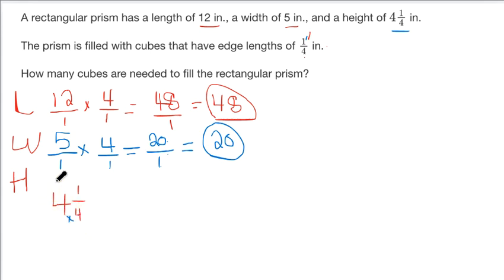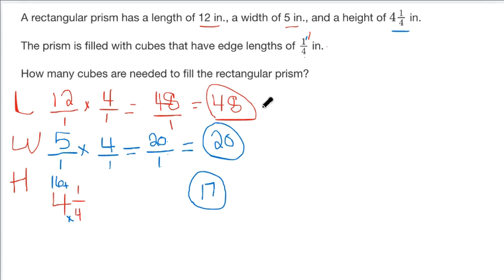So 4 times 4 gives me 16. Then I'm going to add the answer to the numerator. 16 plus 1 more gives me 17. And so 17 cubes will make the height. So they're already in quarter sections there.